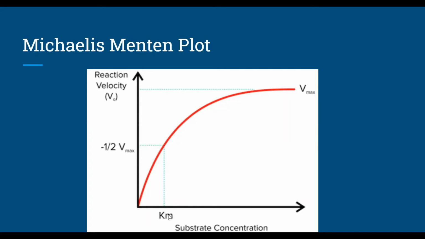And similarly, if Km is moved more to the left on the x-axis, it requires less substrate concentration. So less substrate is needed for the enzyme to bind to the substrate and reach half of Vmax. That would signify a higher affinity of the enzyme for the substrate in question.